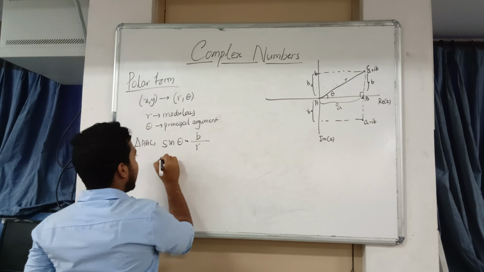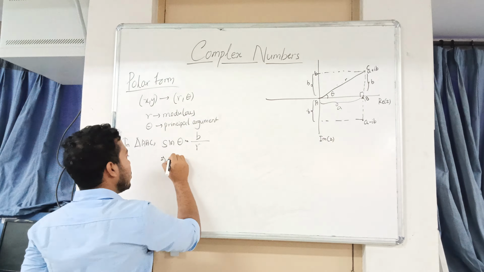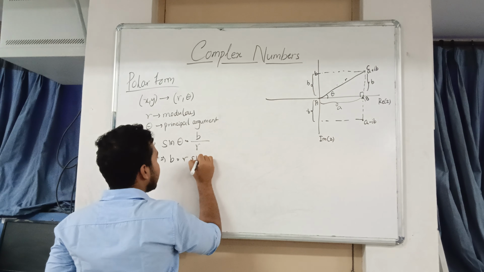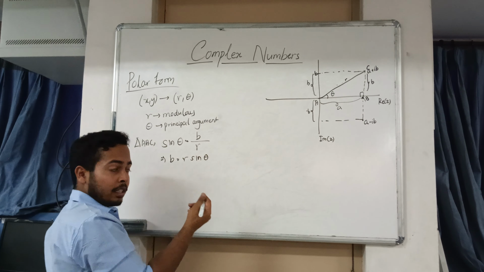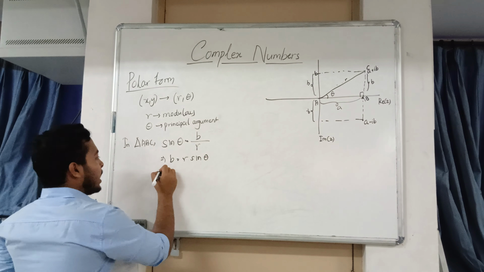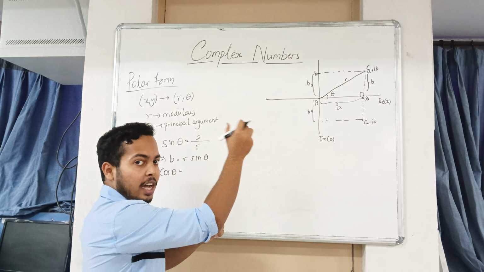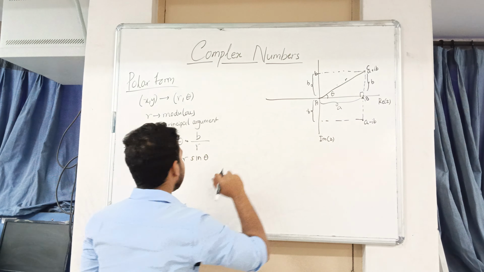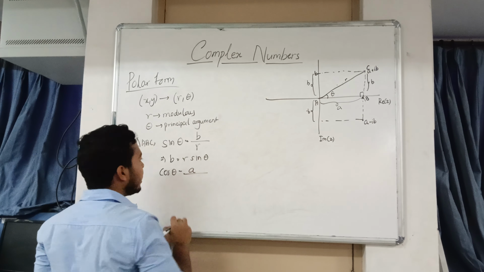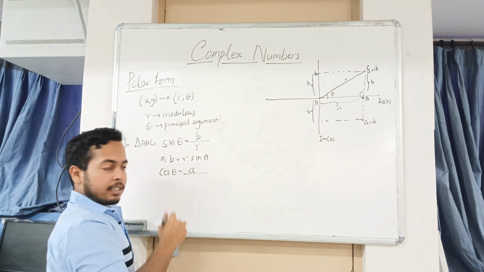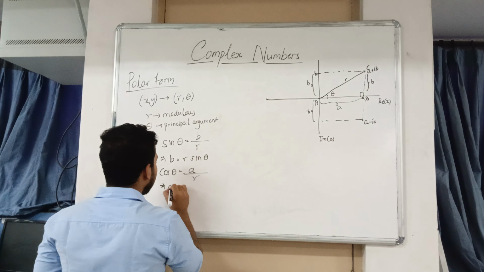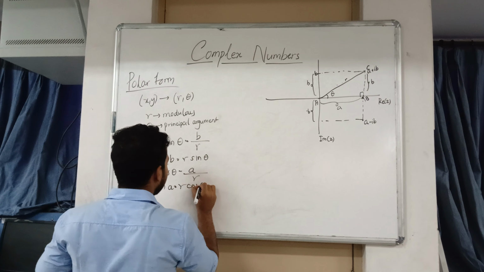So it would be b by r. This implies b equals r sine theta, right? Again, if I take cos theta, we know it's base by hypotenuse. Now the base is a units divided by the hypotenuse, r. So a becomes r cos theta.